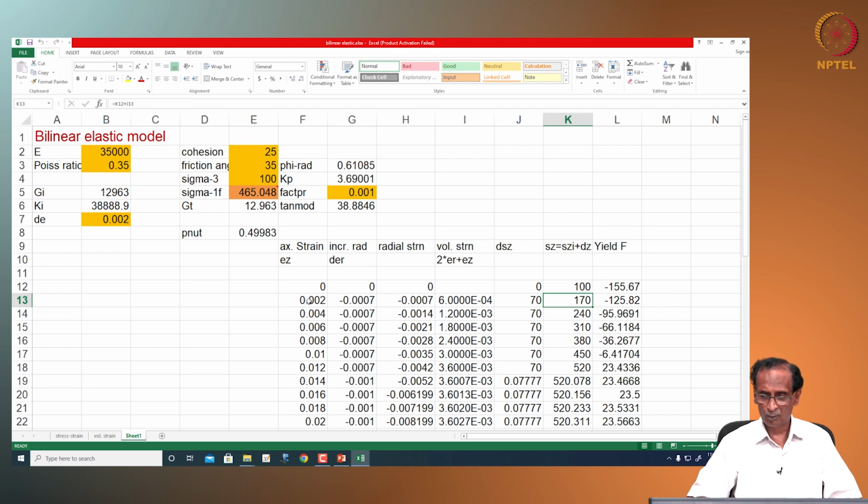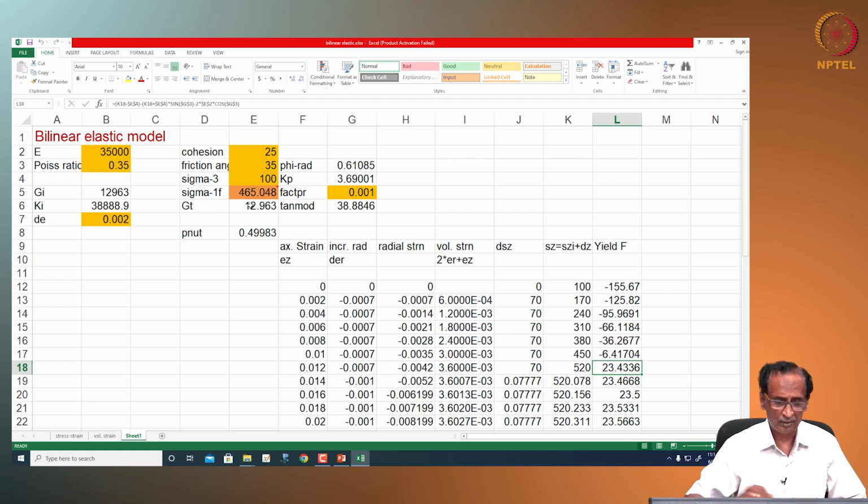Okay, and our axial stress will go on increasing from 100 to 170, 240, 310, 380, 450, 520. At this stage, we see that our yield function value is positive. So, the further calculations should use our tangent shear modulus instead of the initial shear modulus.